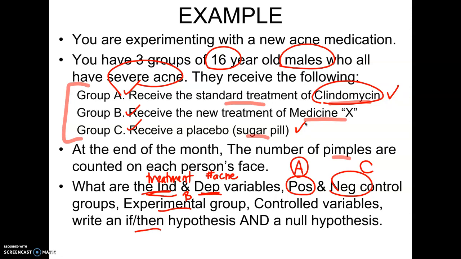So if medicine X works, if medicine X helps with acne, then that group should have less acne than groups A and C. And our null hypothesis, there will be no statistical difference between the number of students with acne in any of the treatment groups. Or there is no statistical difference in the amount of acne based on the treatment given. Anything like that. So that sort of summarizes the parts of the scientific method.